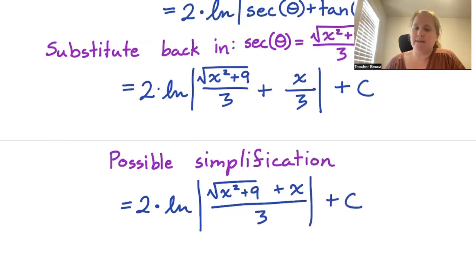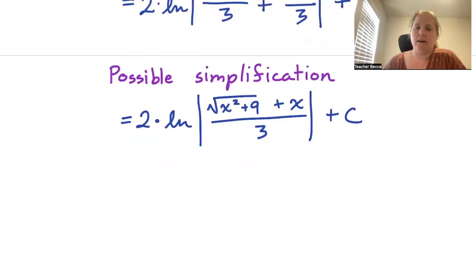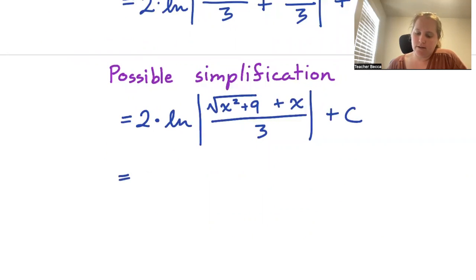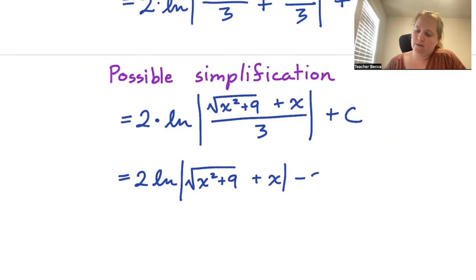Then we have plus c. Again, division inside the natural log splits into a subtraction outside, so this becomes 2 times the natural log of the absolute value of the square root of x squared plus 9 plus x, minus 2 times the natural log of the absolute value of 3, and then plus c.